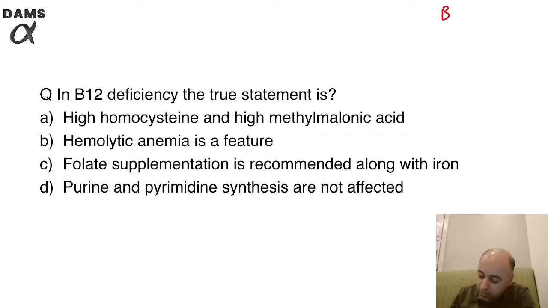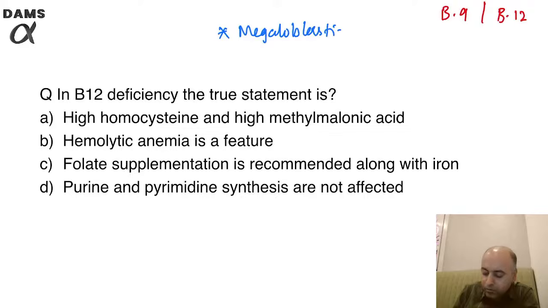is like this. For B9 versus B12, the parameters which come into consideration are, first, megaloblastic anemia. Megaloblastic anemia is seen in B9 deficiency and B12 deficiency also.